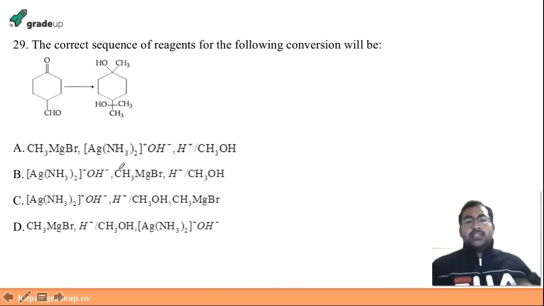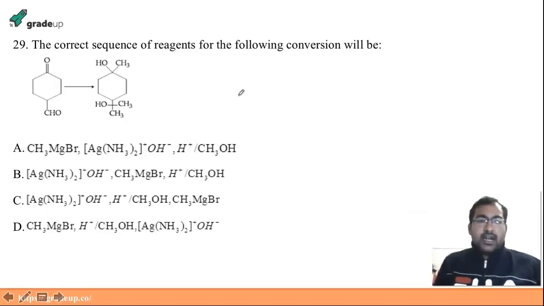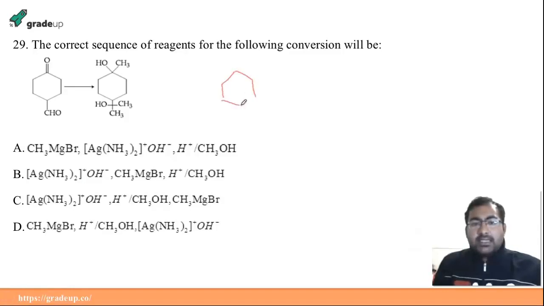All right, so let's start with the Tollens reagent. What occurs if we just try to add Tollens reagent to this compound? Let's see what happens. So we have a CHO here, and then we have a double bond O here. Okay, and we add this reagent, which is Ag(NH3)2+, OH negative.